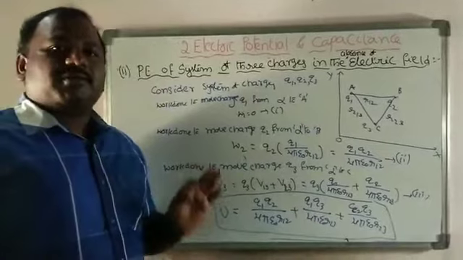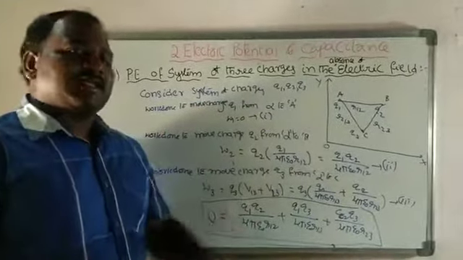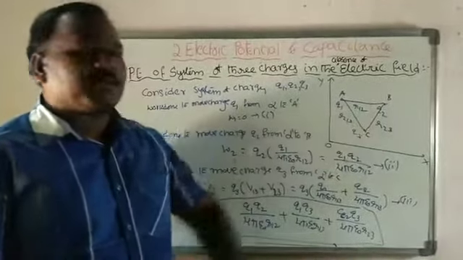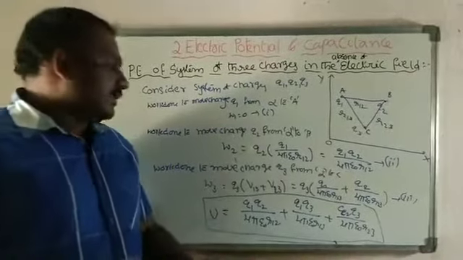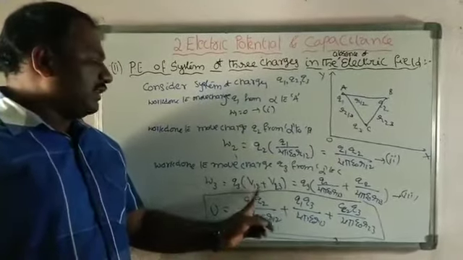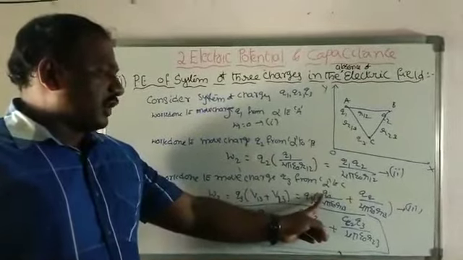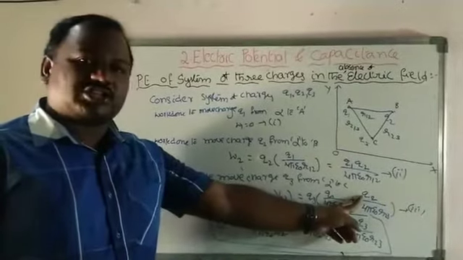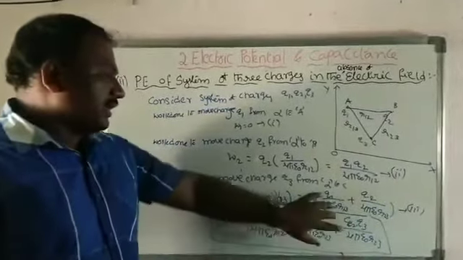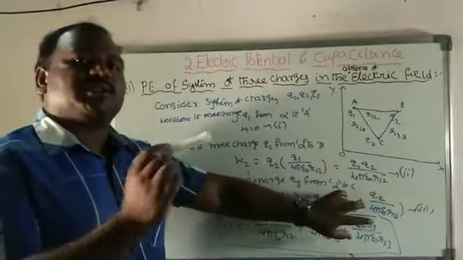Next, if I move the charge Q3 from infinity to point C, then these two charges are providing an electric field. Then the total work done W3 is equal to Q3 into V13 plus V23. This is the potential due to 1 on 3, and this is the potential due to charge 2 on 3. This is the work done to move the charge Q3 from infinity to that point.